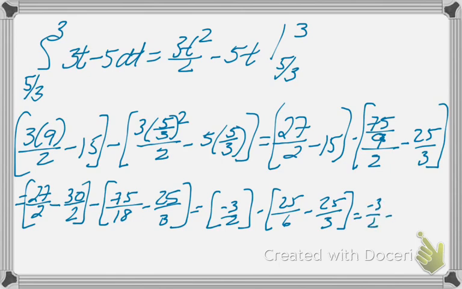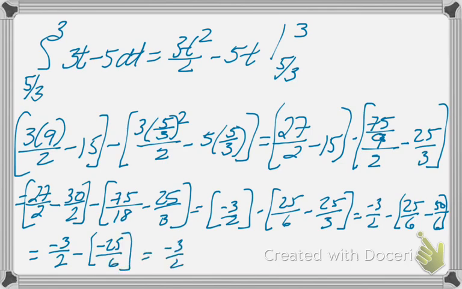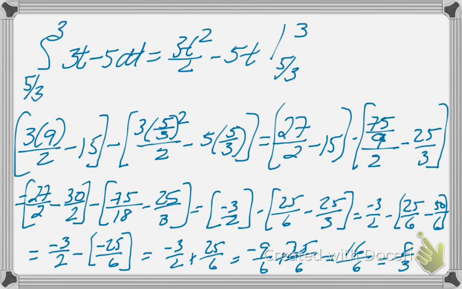So we have -3/2 minus, and we'll use a common denominator of 6. Okay, and a negative becomes a positive. Let's find a common denominator of 6. And we can reduce that to 8/3. So 8/3 was the answer for that.